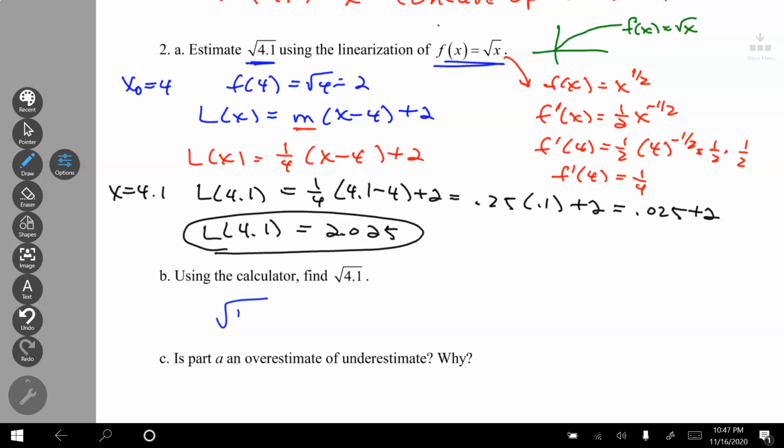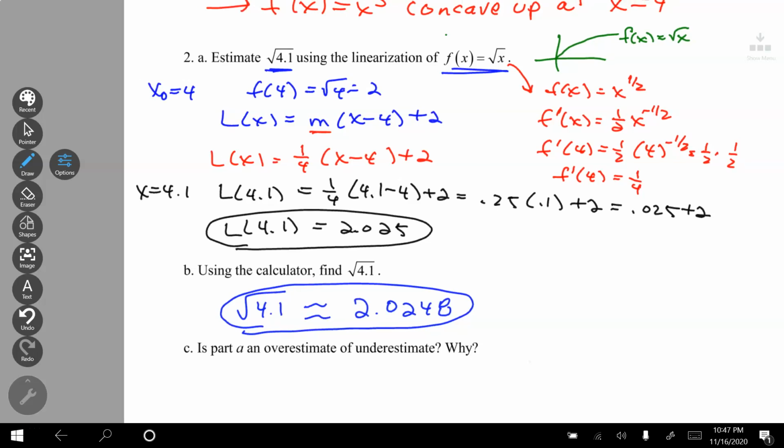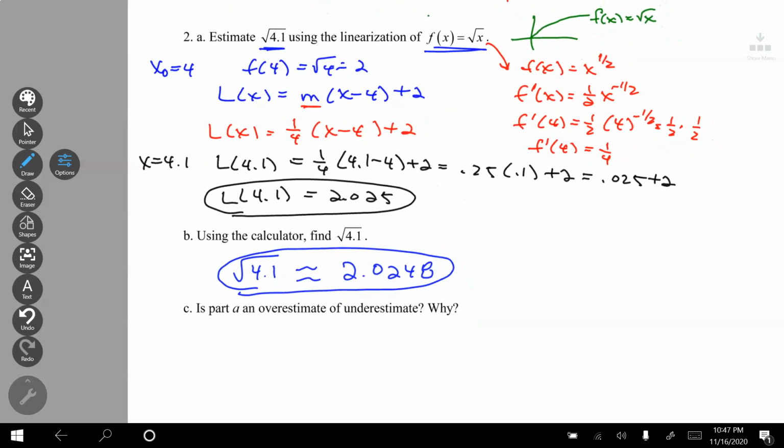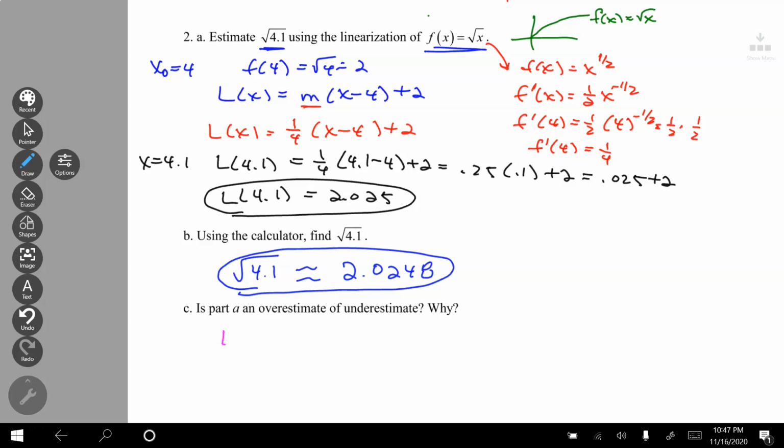Okay, let's go to my calculator. And if I actually do the square root of 4.1, my calculator has it to, let's say, 4 decimal places, 2.0248. I think that's pretty darn close. So let's think about, is this an overestimate or underestimate? So obviously L of x is an overestimate.